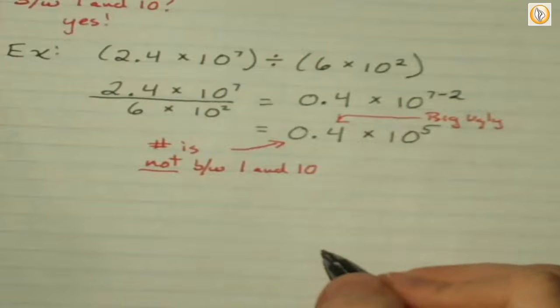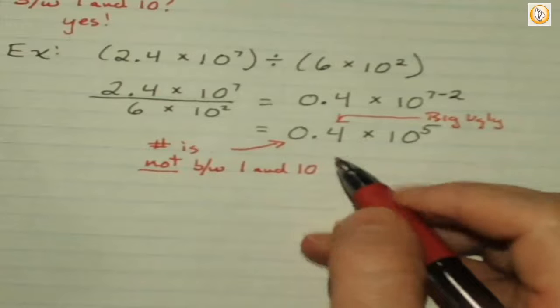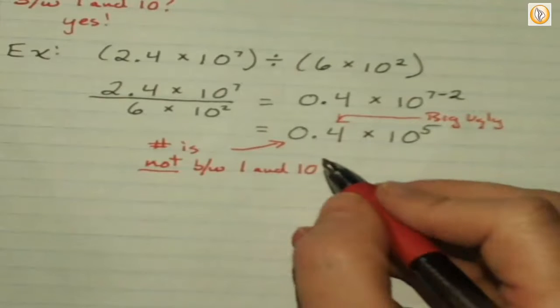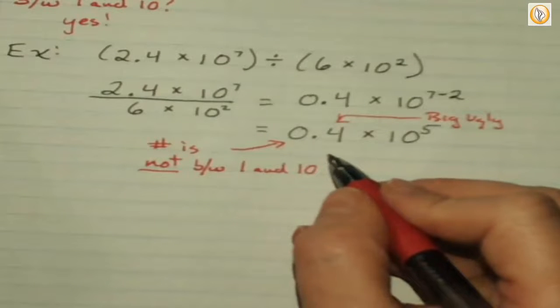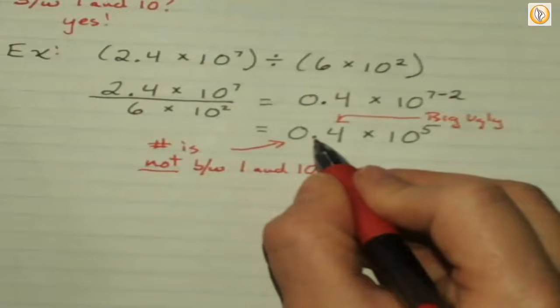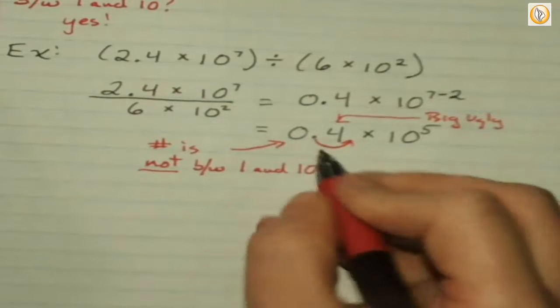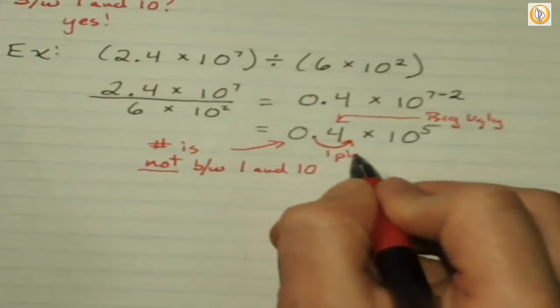So what do I need to do, Michaela, to put this into correct scientific notation? Move the decimal where? You're going to move the decimal to the right once. That's right. We're going to move it to the right one place.